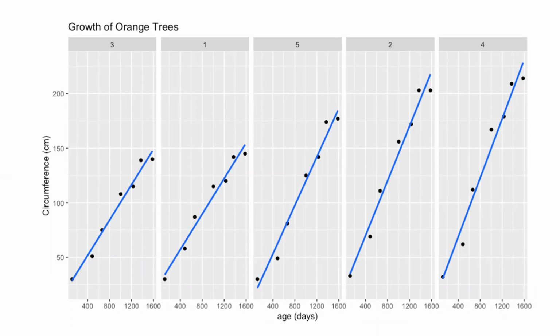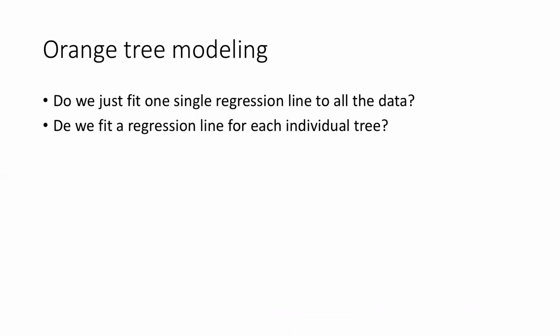And at this point, you might have different questions, and in terms of fitting the data, you can think of it, okay, if we have a relationship like the previous one, do we just fit one single regression line to all the data and forget about the structure, forget that there are different trees, forget that the variance is increasing as time increases?